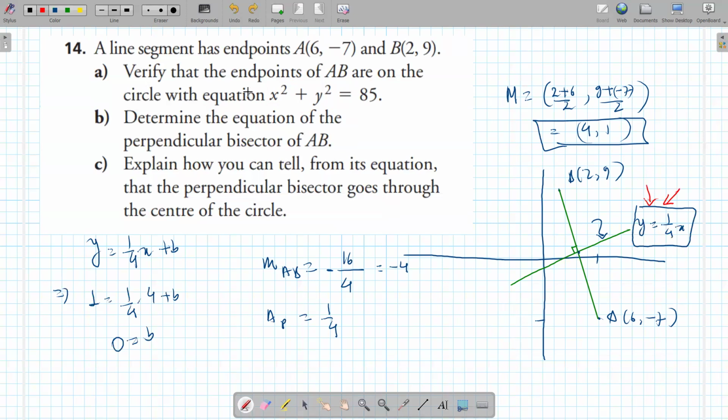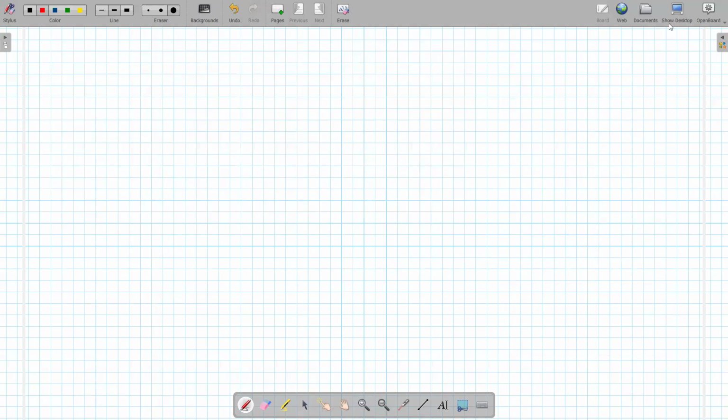Yes. How do you know? Well, because the y-intercept is 0, right? If there is no b value, then the y-intercept would be 0. That's how we know it goes through the origin, and that's it for this question as well.